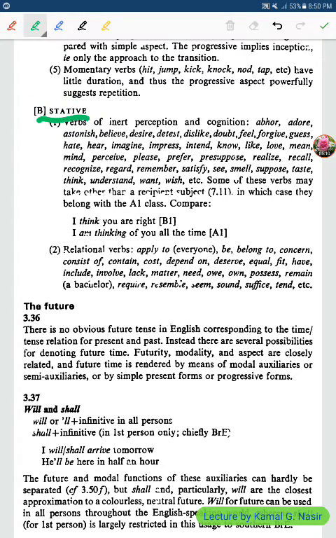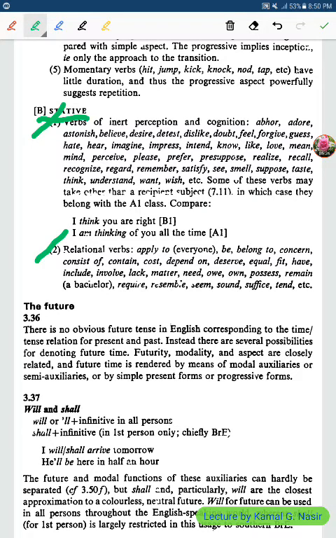What is the first group of these stative verbs? It is called the verbs of inert perception and cognition.